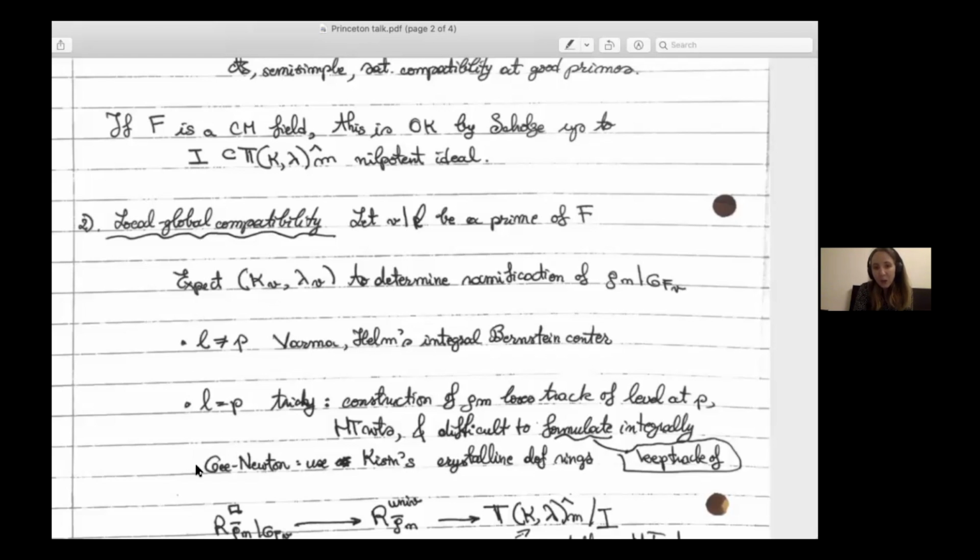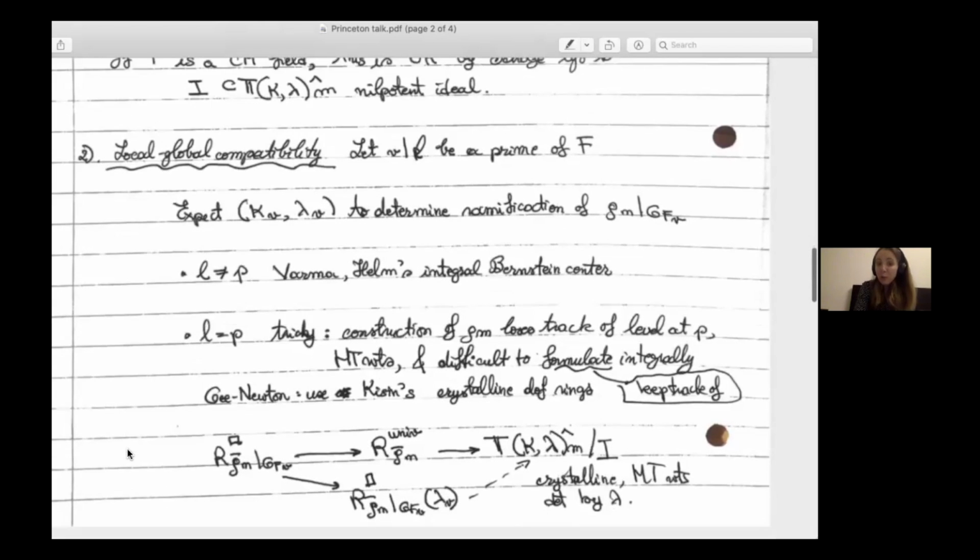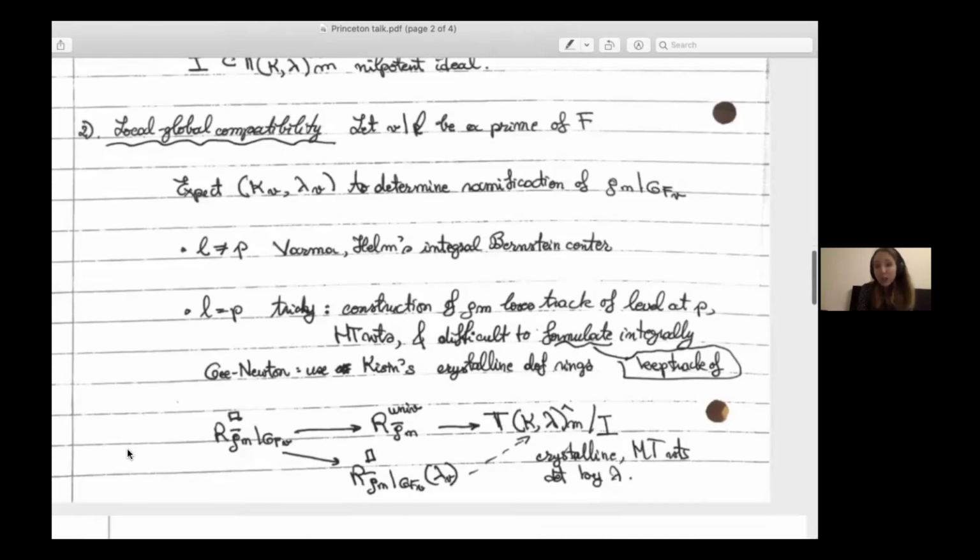And so there is a paper of Gee and Newton where they do formulate a precise conjecture for what this local-global compatibility result would be above P. And this uses Kisin's crystalline deformation rings. So Kisin constructed some quotients of the unrestricted local deformation ring at P that on the generic fiber see all the crystalline points.